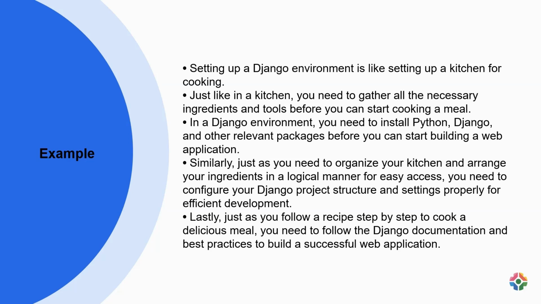Similarly, just as you need to organize your kitchen and arrange your ingredients in a logical manner for easy access, you need to configure your Django project structure and settings properly for efficient development. Lastly, just as you follow a recipe step by step to cook a delicious meal, you need to follow the Django documentation and best practices to build a successful web application.